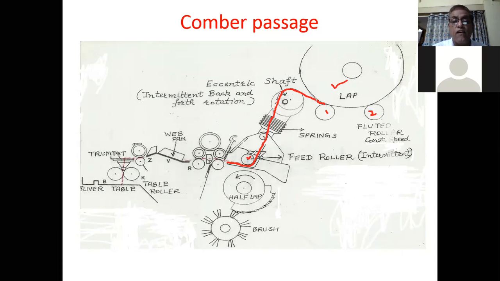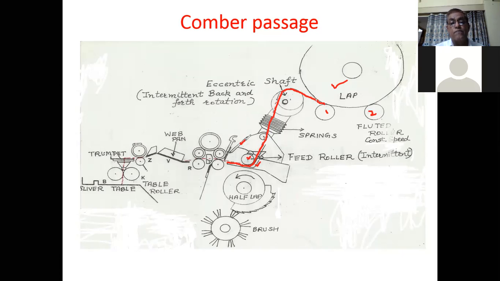In every cycle of combing, 5 to 6 mm of lap sheet is fed, and this is the bottom nipper, and this is the top nipper.